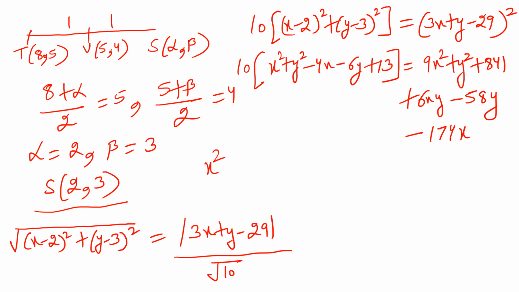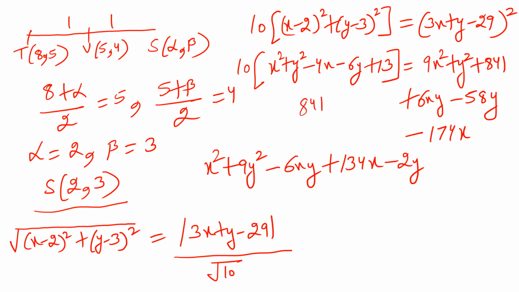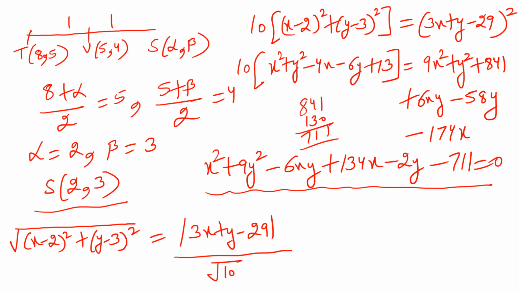So you'll be getting the equation as x square plus 9y square minus 6xy minus 40x plus 174x, that becomes 134x, minus 60y plus 58y, it becomes minus 2y, and then we have 130 minus 841. So this becomes minus 711. Right? Now students, this is the equation of the parabola.